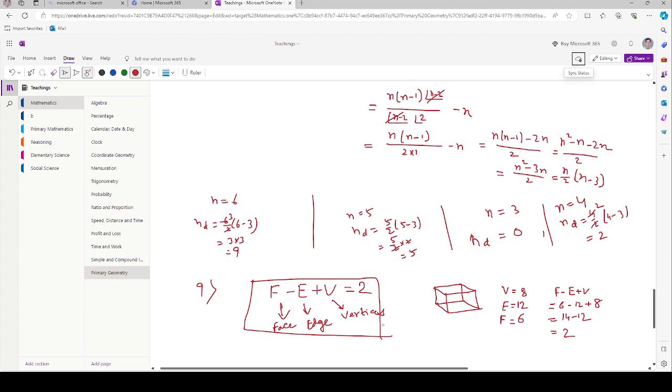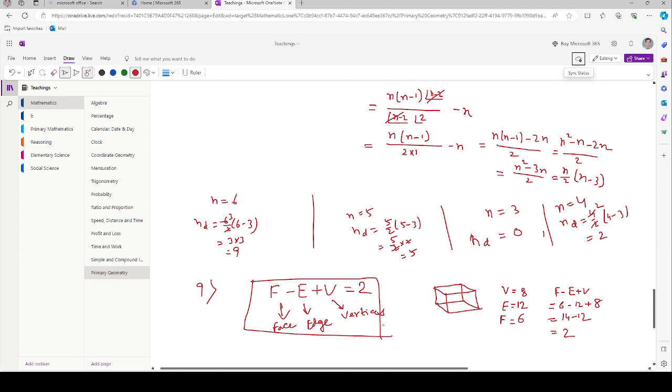And how do you remember this relation? It is very easy. The second month of the English calendar is February. If we write Feb, like that, FEV, in place of B you have to put V, then the left side of this equation will come.